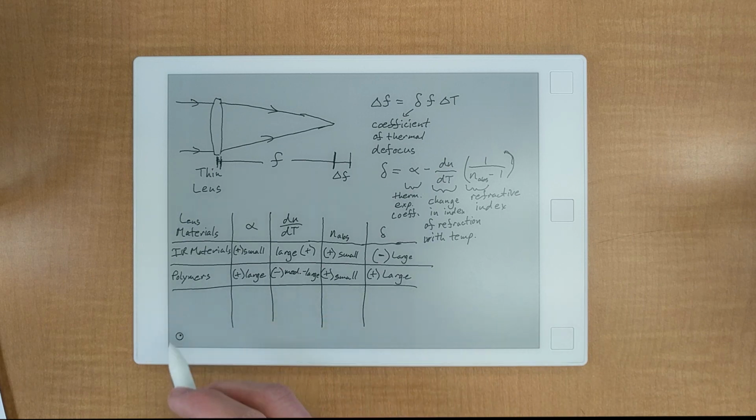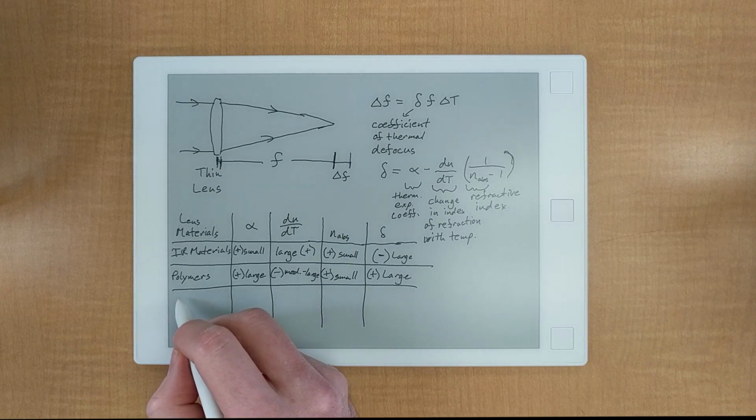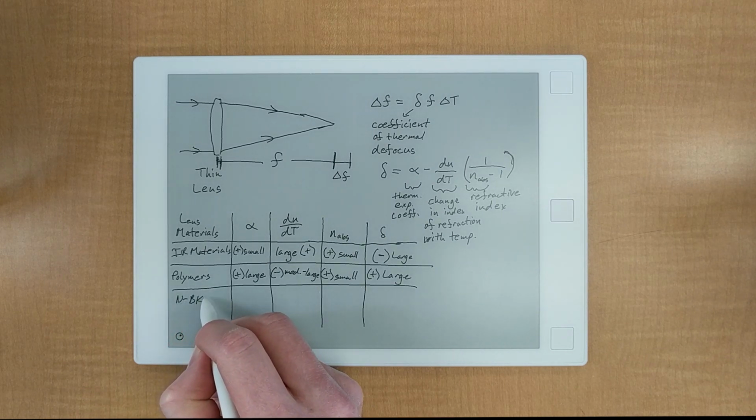And then for different glasses, actually using this term, you can take a look. This is for different materials. N-BK7, for example, very, very common material.